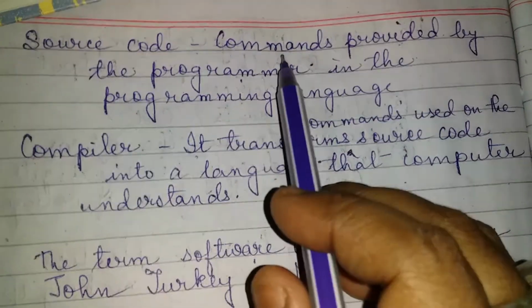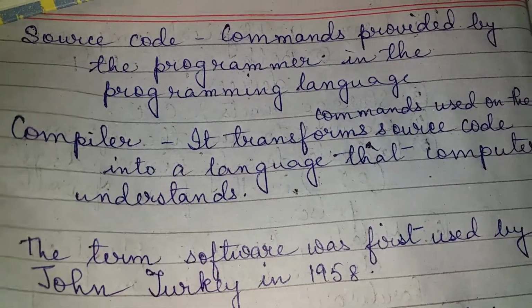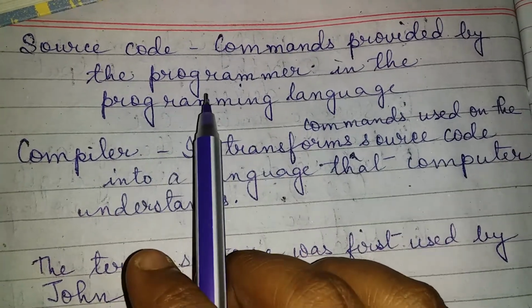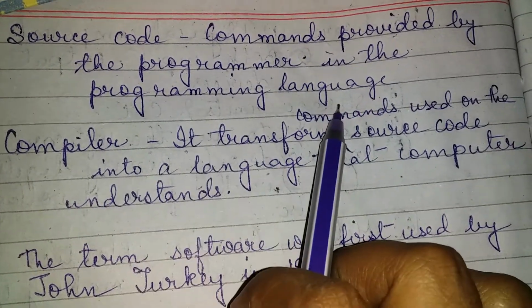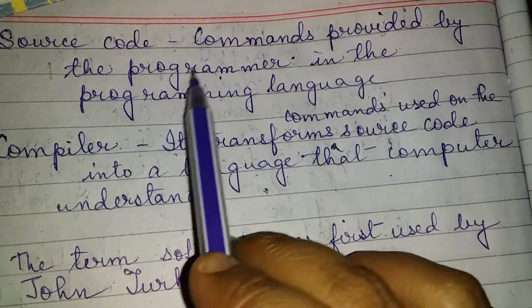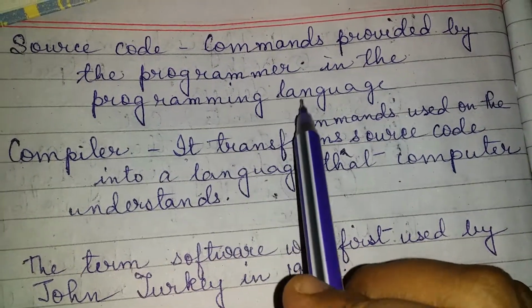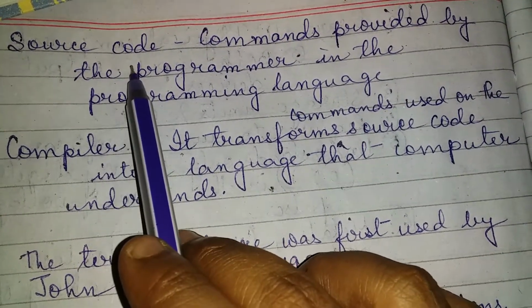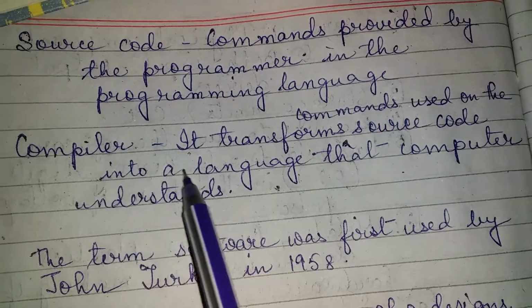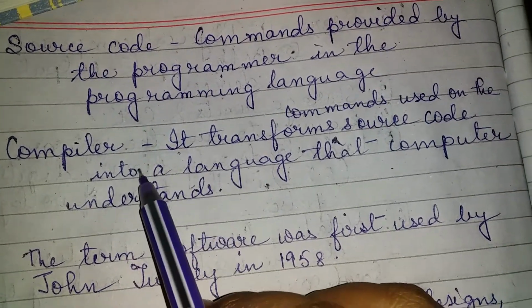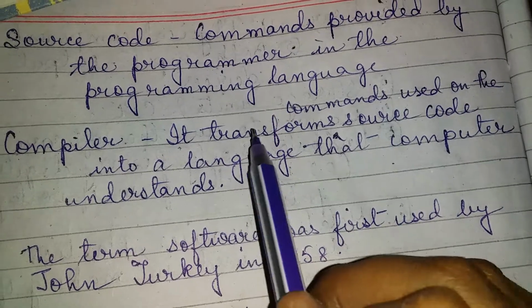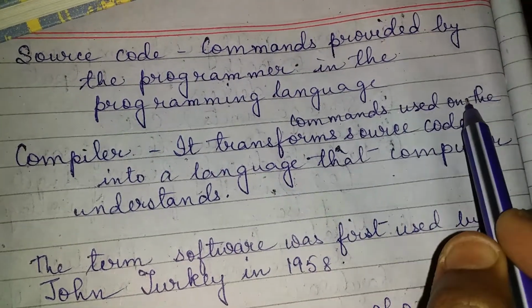Source code. Now, commands provided by the programmer in the programming language, that is called source code. The compiler transforms the commands used in the source code.